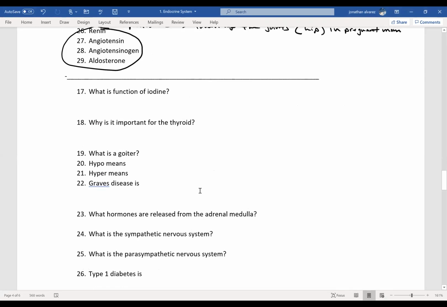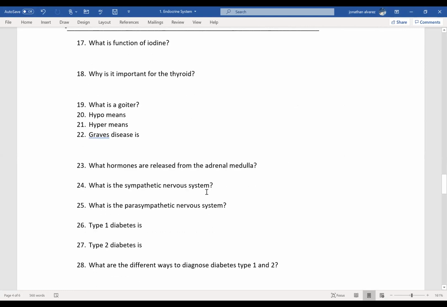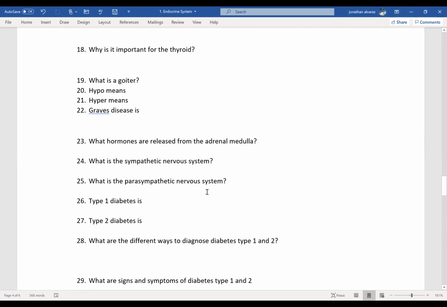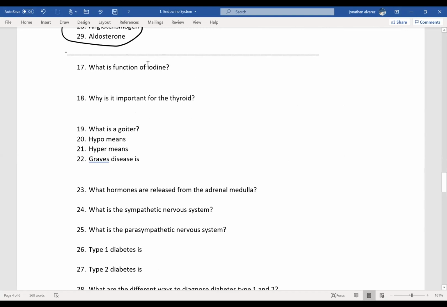All right. These are pretty self-explanatory from the notes. Had a lot of good stuff in there. Okay. So the quick version of iodine is it is for thyroid function. Iodine is also good for your immune system. It's also good for reproductive tissue.